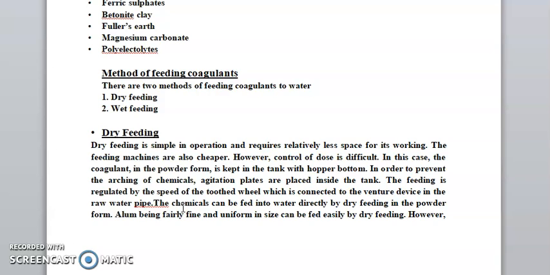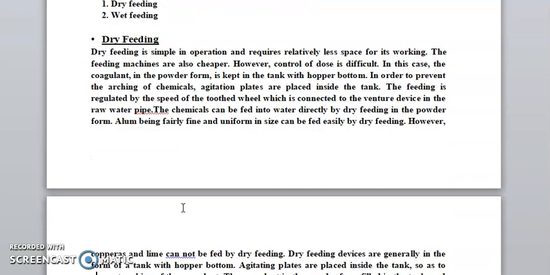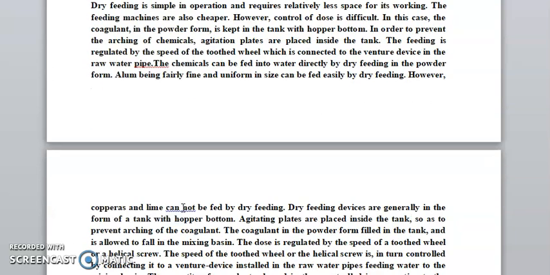Alum, being fairly fine and of uniform size, can be fed easily by dry feeding. I will show the figure of the dry feeding. Copperas and lime cannot be fed by dry feeding.